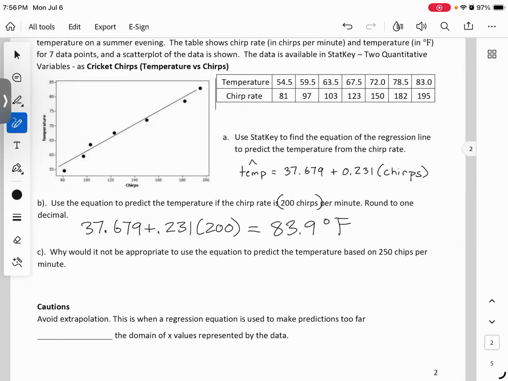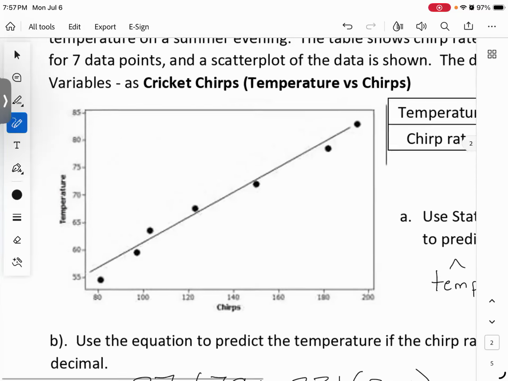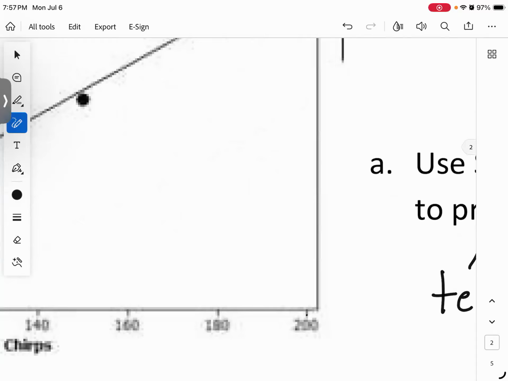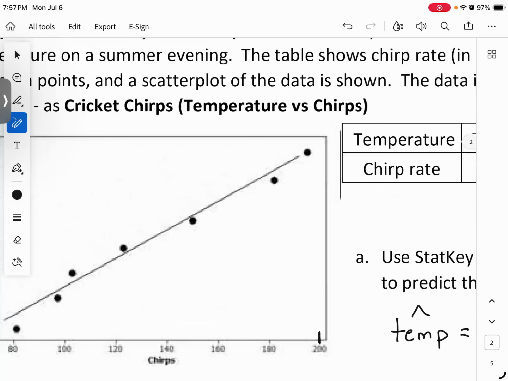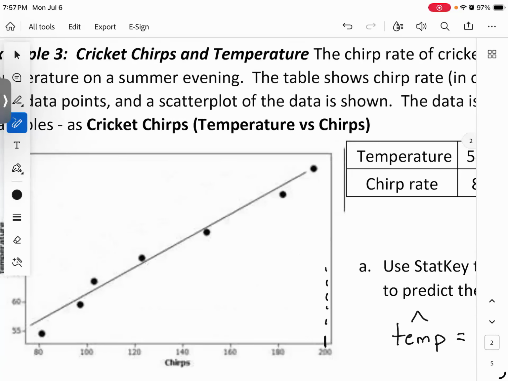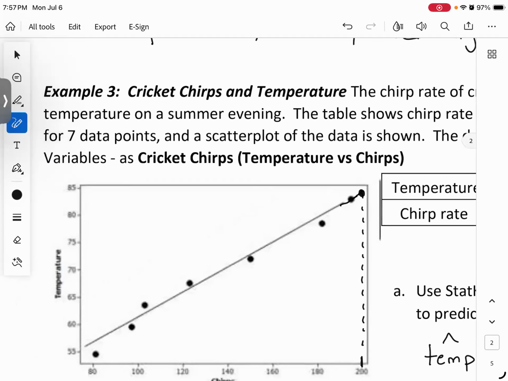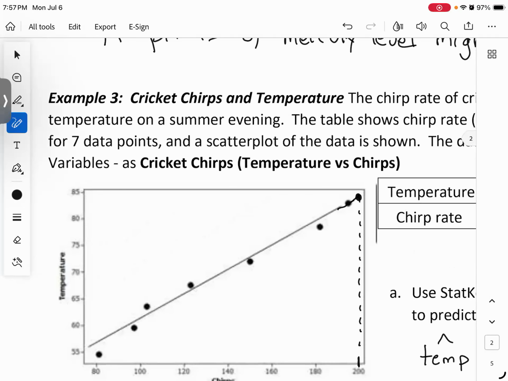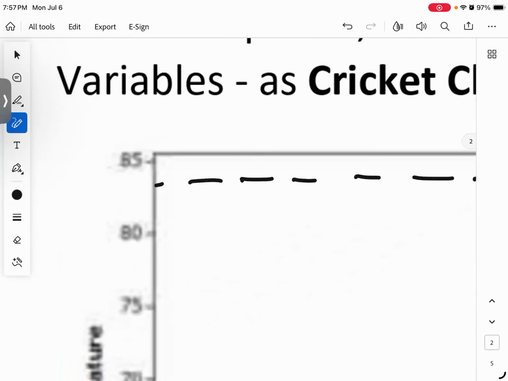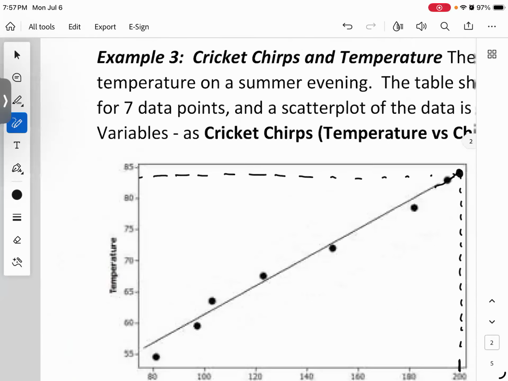Now, the graph is there mainly as a way that we can verify that our calculation makes sense. Looking right here, there's 200. And if you go straight up, right about here, and we were to continue the regression line, and then if we look off to the side, maybe right about there, you can see that 200 corresponds to a temperature of about 83, 84-ish.